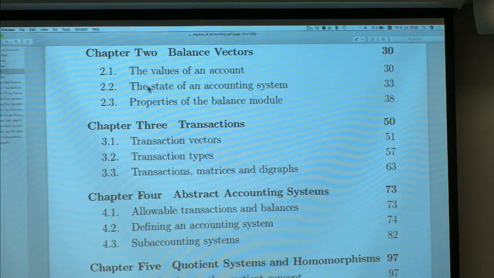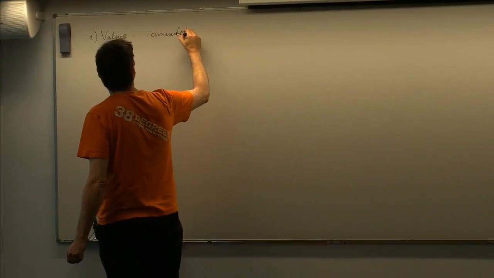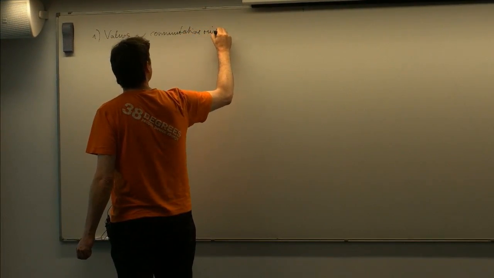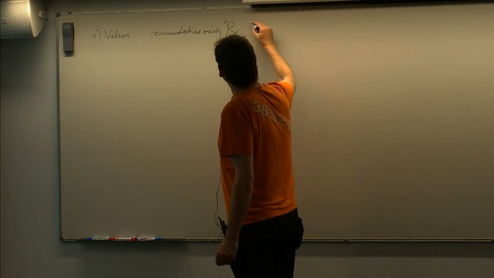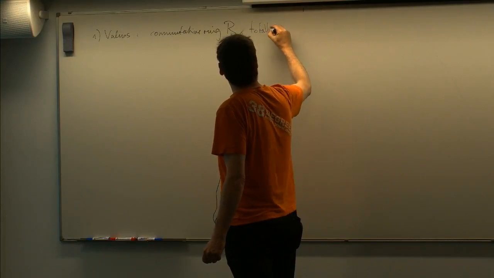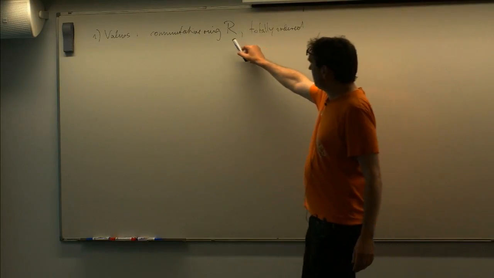And basically what they're saying is we should use a commutative ring, which is called R throughout the book, and it should be totally ordered as well. So we want to talk about debts and assets, so we need that this ring has a notion of positive and negative numbers.